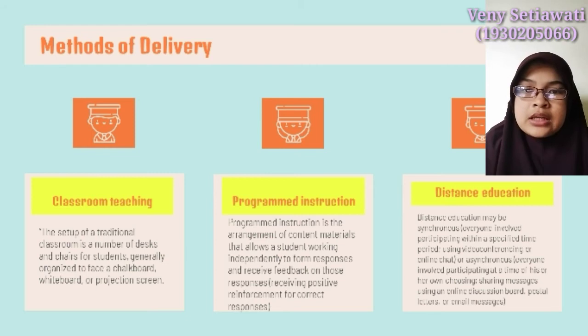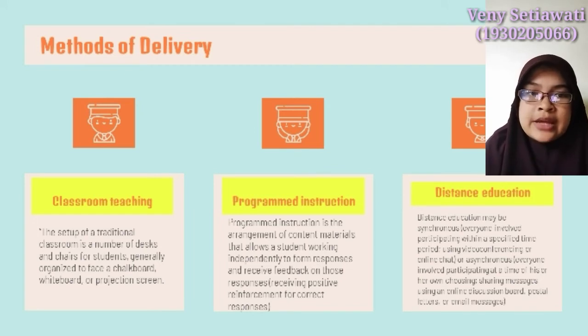The first, classroom teaching. The setup of a traditional classroom is a number of desks and chairs for students generally organized to face a chalkboard, whiteboard, or projection screen. A teacher directs the instructional activities, offering and receiving feedback from students as the lesson progresses.